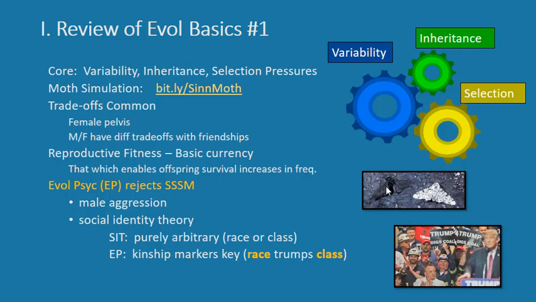So then the black moths were harder for the birds to see. So the selection pressure changed such that there was more selective pressure against the white moths, and then the frequency of the gene in the population changed such that more black moths were present, and there was a higher percentage of them in the population.